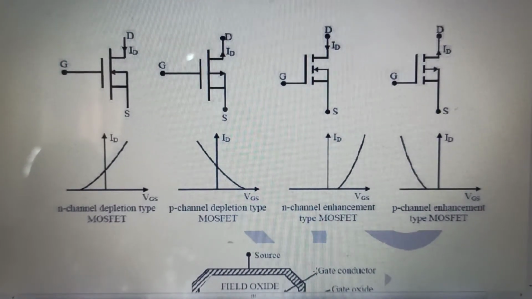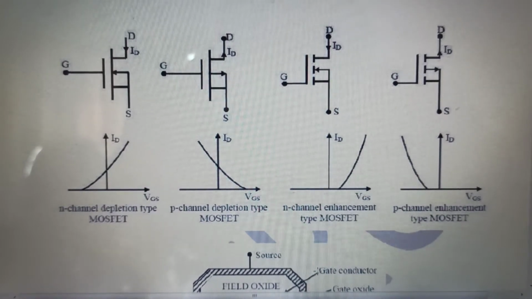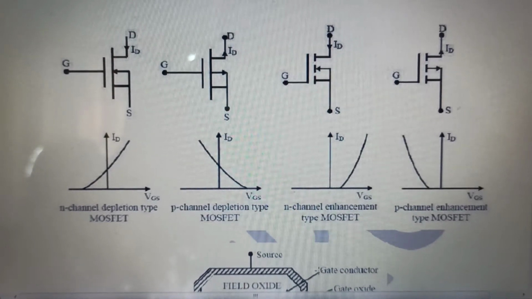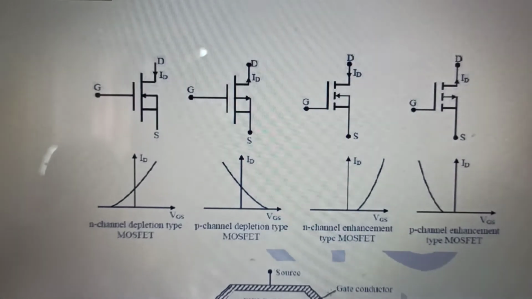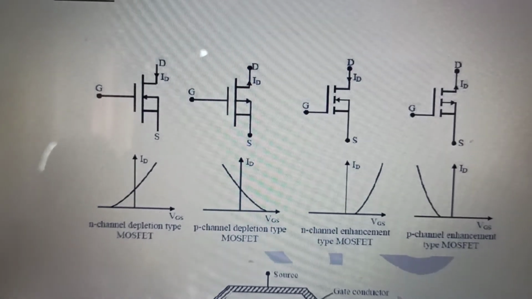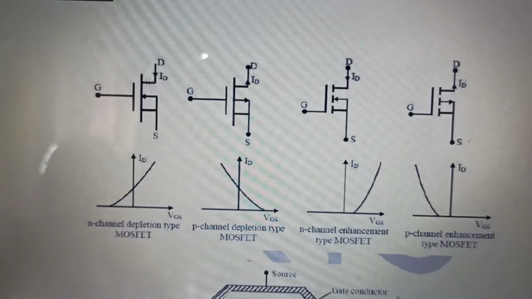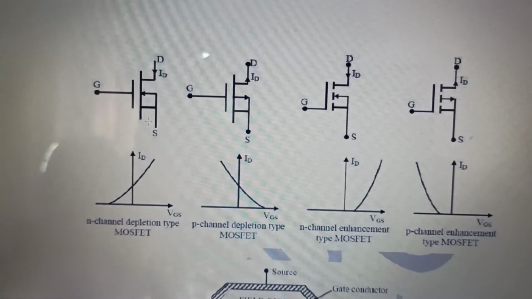You can easily observe that a MOSFET consists of three terminals, namely the gate, the drain, and the source.